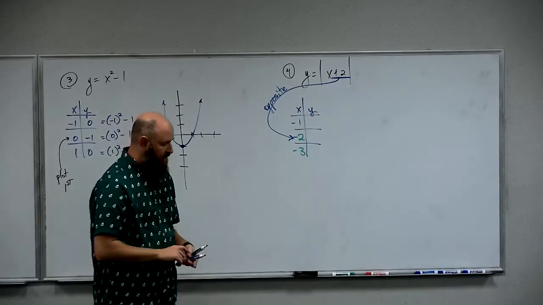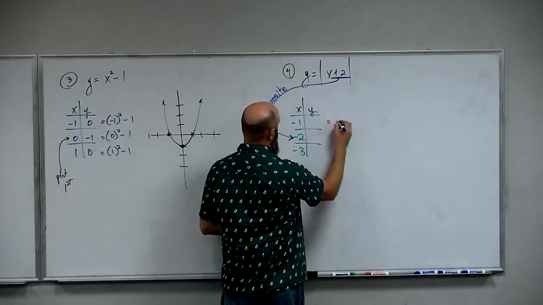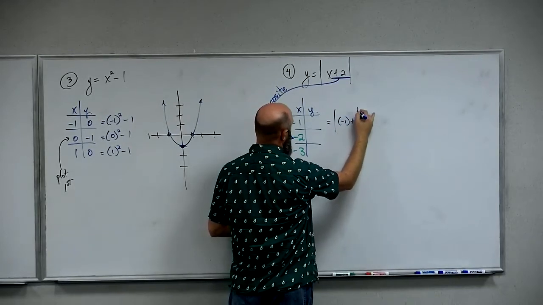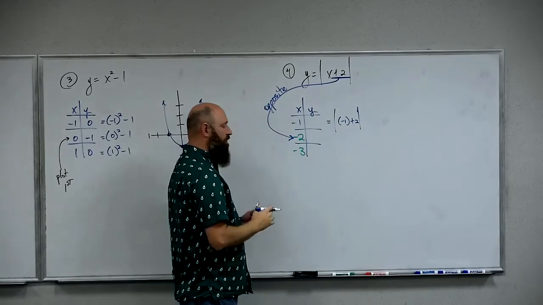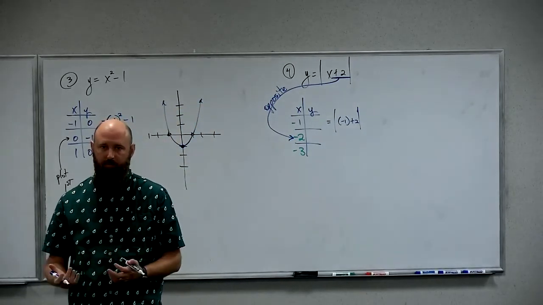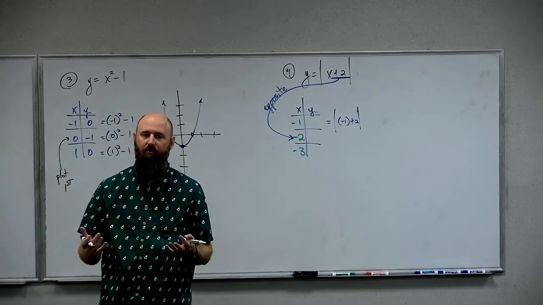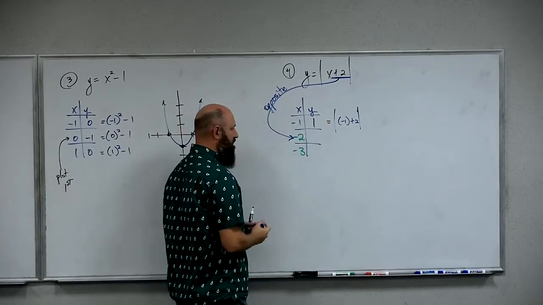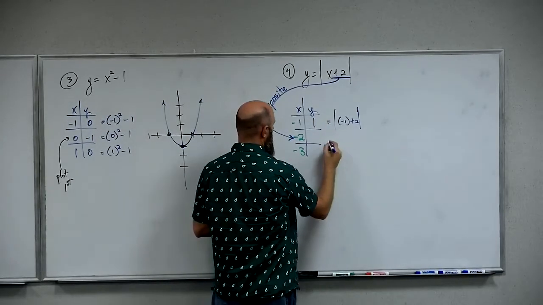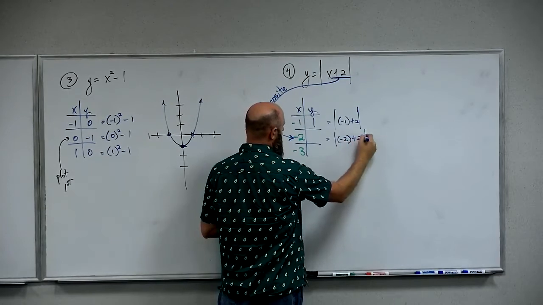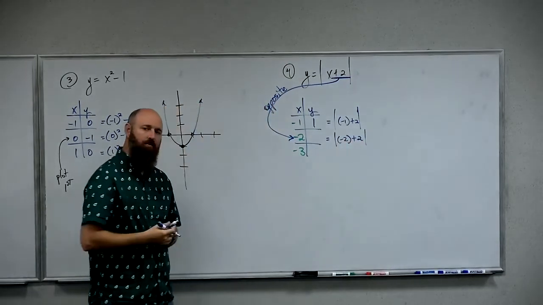All right, so now we get -1 + 2. -1 + 2, well, that's 1, +1. So the absolute value of +1 is +1. Next one here is -2 + 2. -2 + 2 is 0.